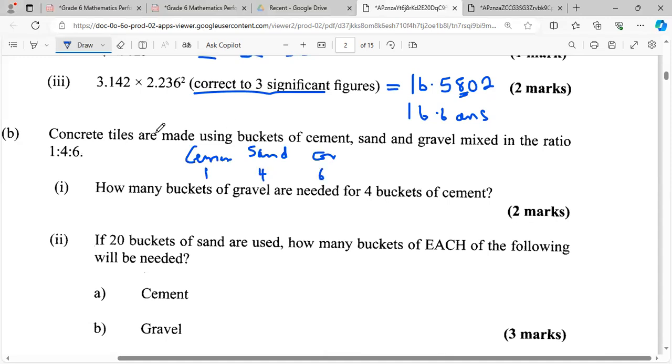And they ask us now, how many buckets of gravel is needed for 4 buckets of cement? So this is 4. So this should be 1 to 6. So that's 4 times 6, 24. So in this case, it would be 24. For every 1 bucket of cement, you're going to have 6 buckets of gravel. So let's work out to 24.